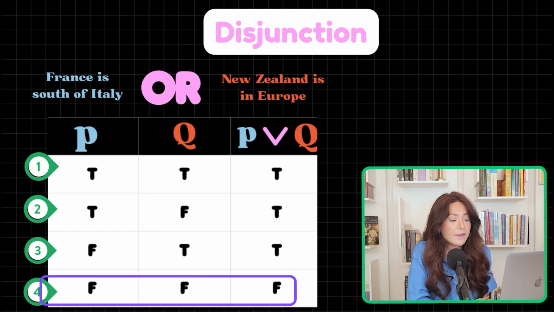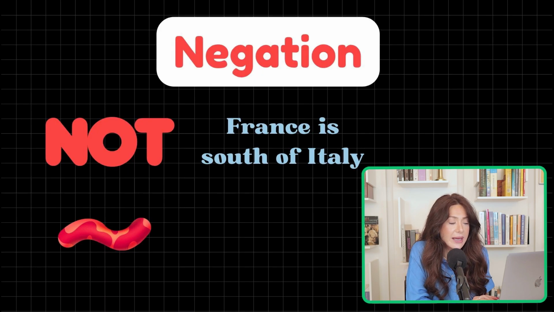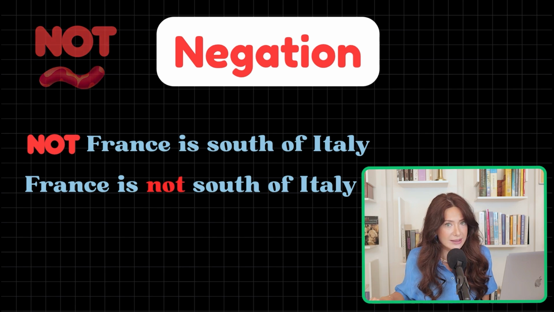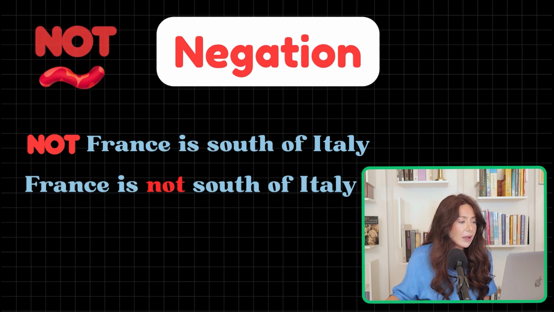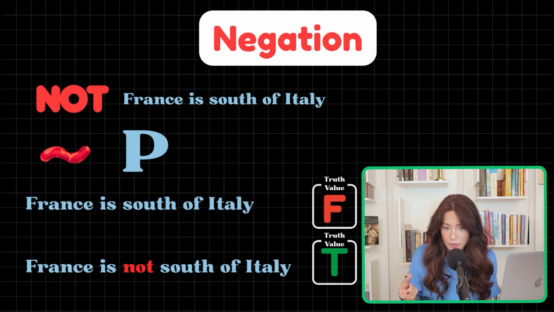And then finally, negation. Negation is quite easy, okay? You can say "not France is south of Italy," or put "not" somewhere that makes grammatical sense. So you can say France is not south of Italy. This is something you will understand when you think about it enough.